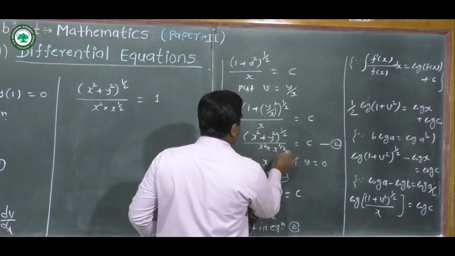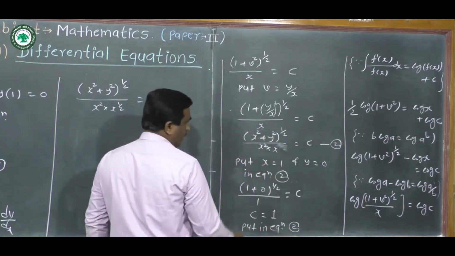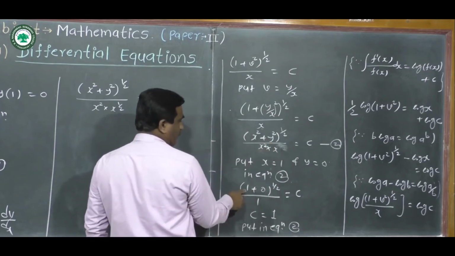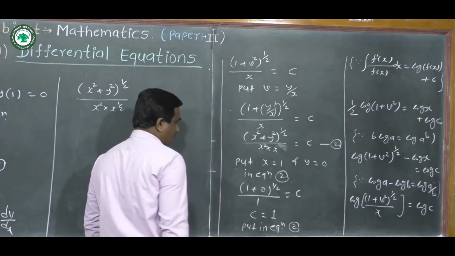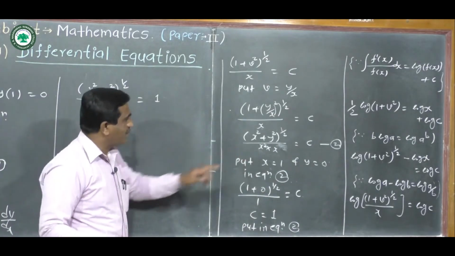And we put here x equal to 1 and y equal to 0. Then we get (1 plus 0) raised to 1 by 2 upon 1 into 1. And we put value of C is equal to 1 in equation second here.